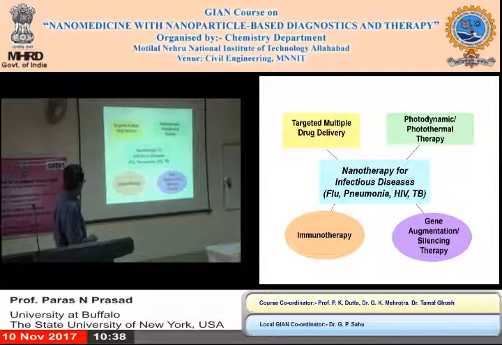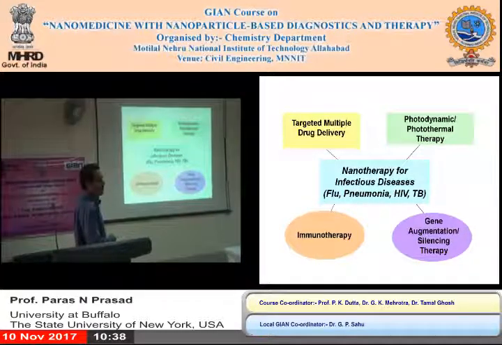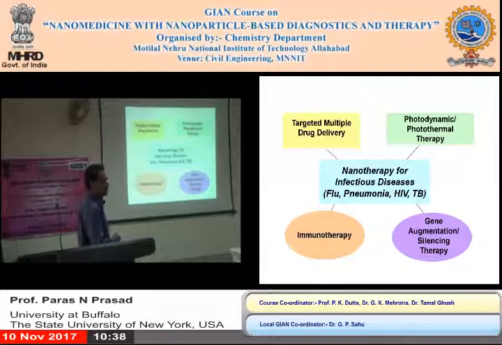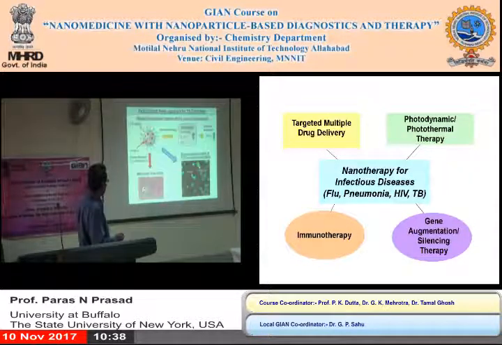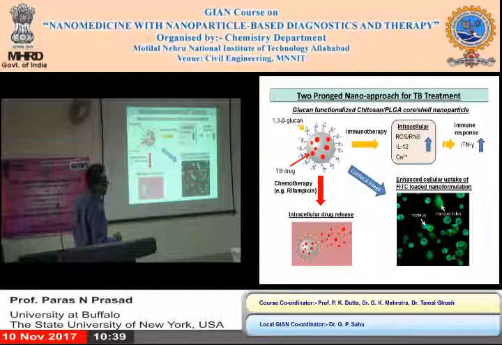Another area is immunotherapy. That's a coming up therapy where you boost your own immune system to fight against the disease. So this is a very powerful tool, and there is a lot of interest in trying to boost your immune system.